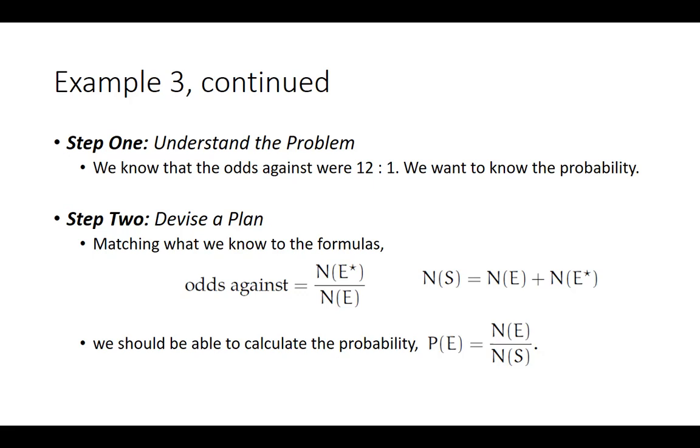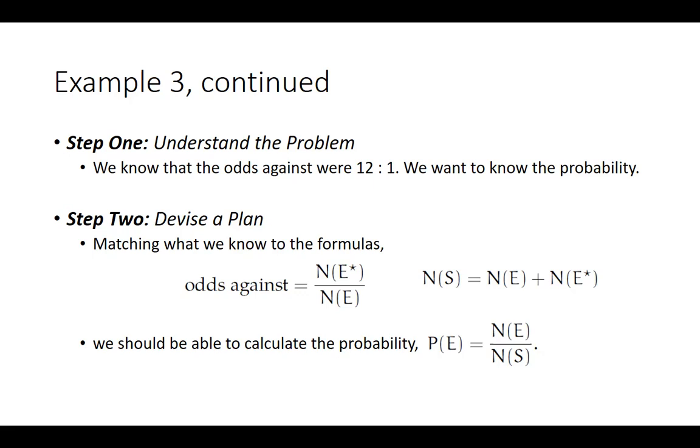Matching what we know to the formulas for odds against and the number of things in the sample space being the number of things in the event space plus the number of things in the complement of the event space, we should be able to calculate the probability, because the probability involves the number of things in the event space and the number of things in the sample space.